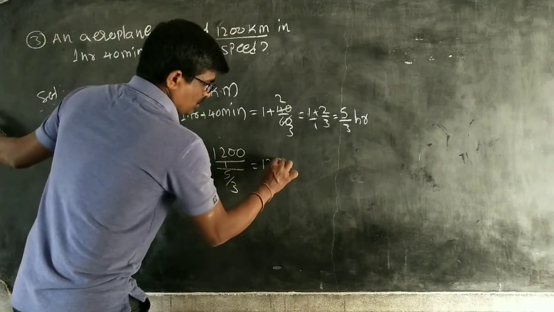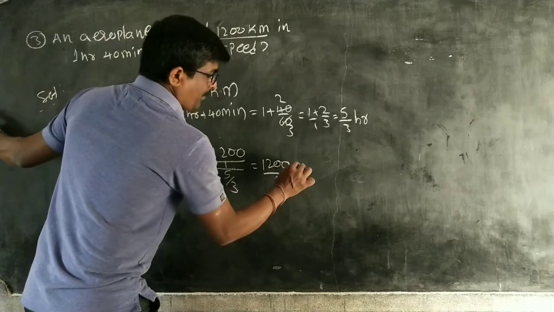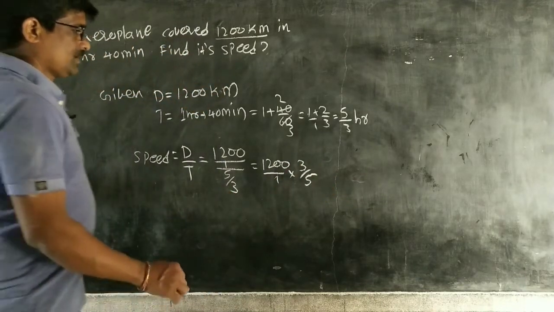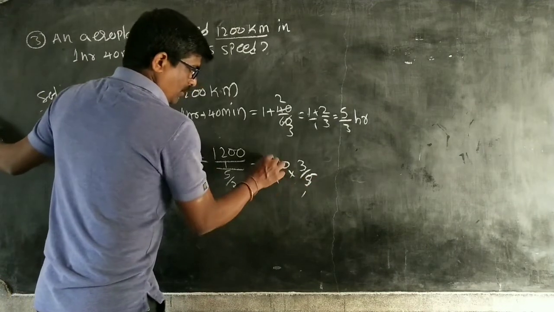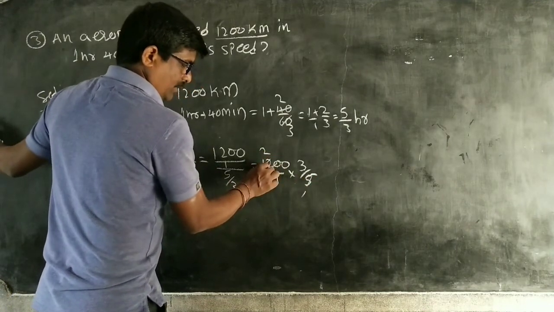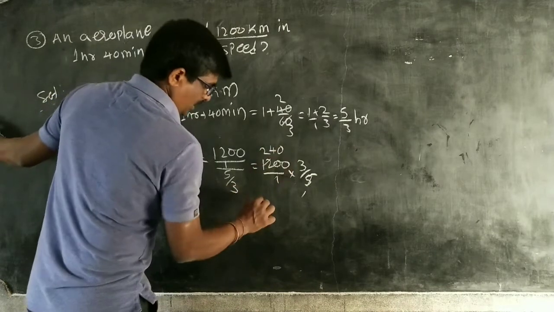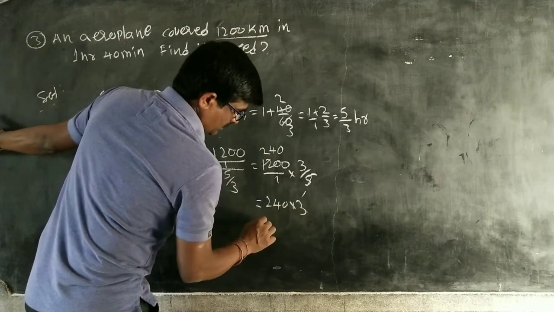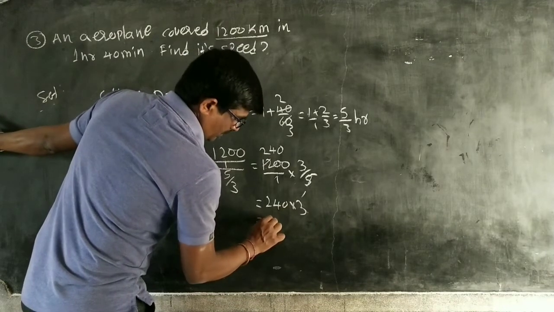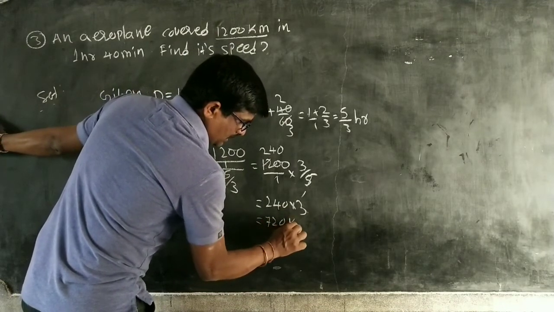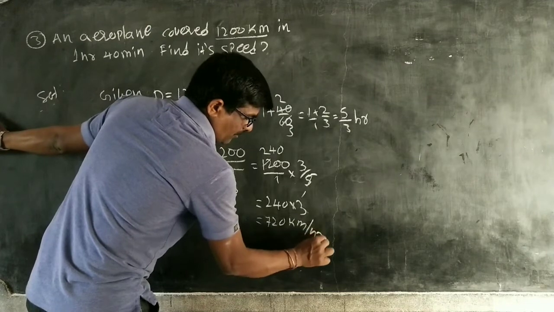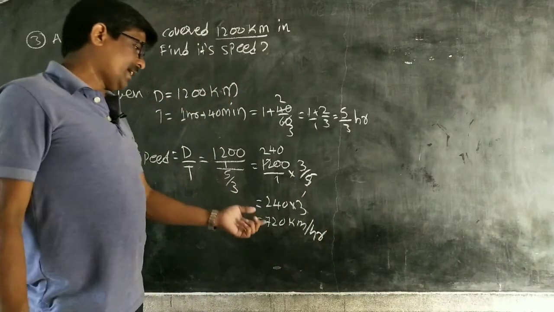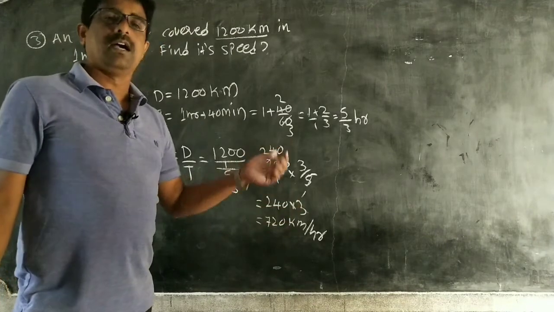That is equal to 1200 by 1 into 3 by 5. 5 1s are 5, 5 2s are 10, 240. 240 into 3 is equal to 720 kilometers per hour. So the aeroplane speed is 720 kilometers per hour.